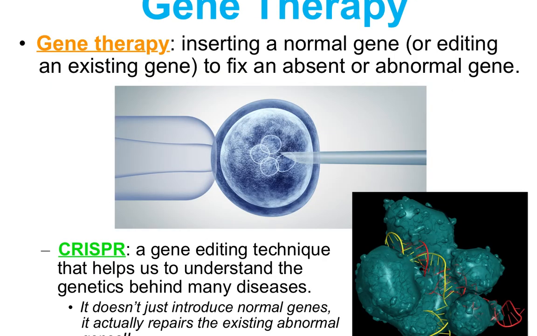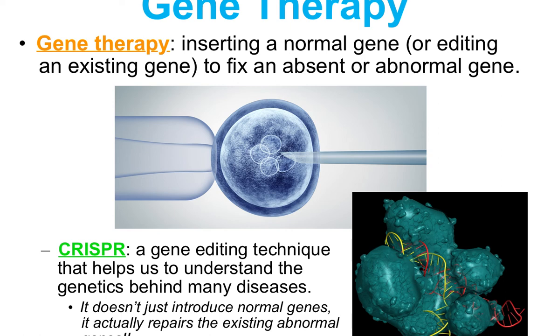When we're talking about gene therapy specifically, that's inserting a normal gene or an edited version of an existing gene to fix an absent or abnormal gene. CRISPR gene editing is a technique that helps us understand the genetics behind diseases.